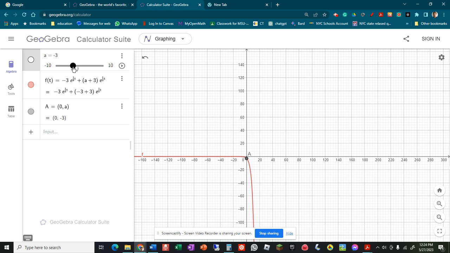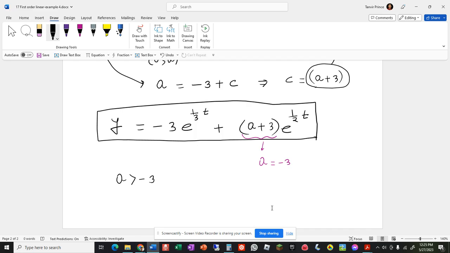And when a is less than negative 3, the graph does not come back. It just goes down. It's always decreasing. When a is bigger than negative 3, it has a local minimum, actually a global minimum, where the graph turns back and goes up above the x-axis.